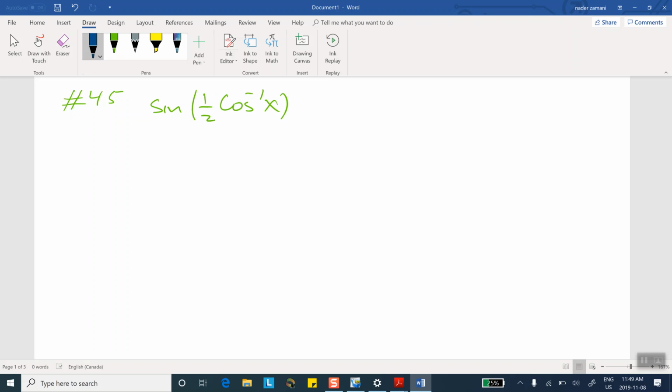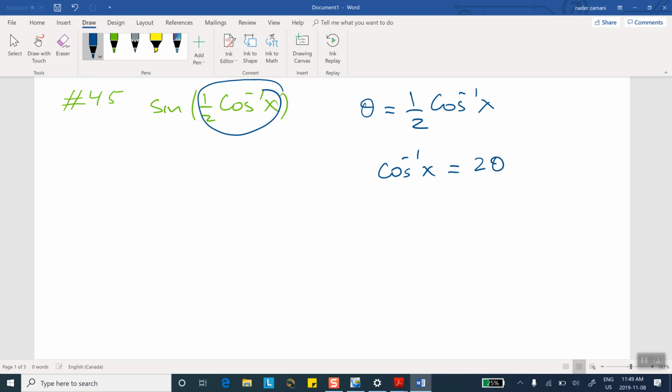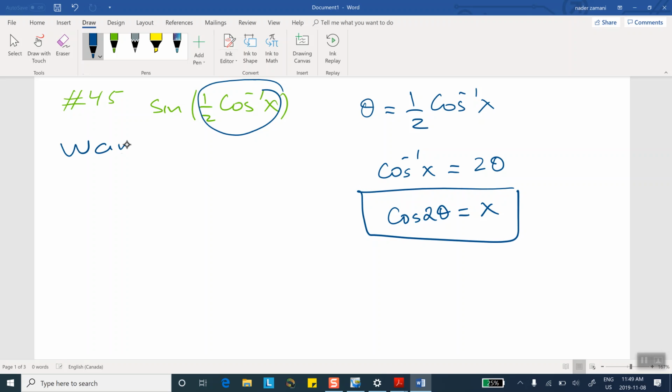So let me call this thing theta. Theta equal to 1/2 of cos inverse of x, which means cos inverse of x is equal to 2 theta, right? Or we have cosine of 2 theta equal to x. There we are. And we want sine of theta.